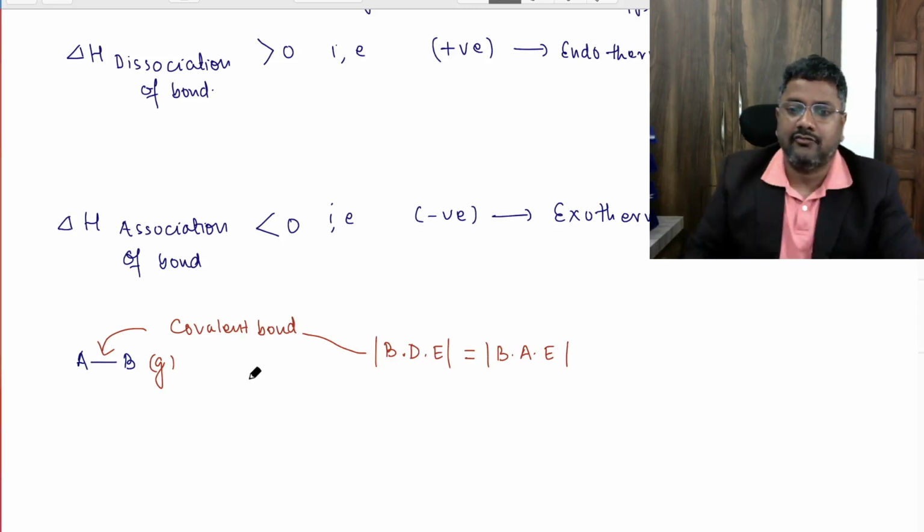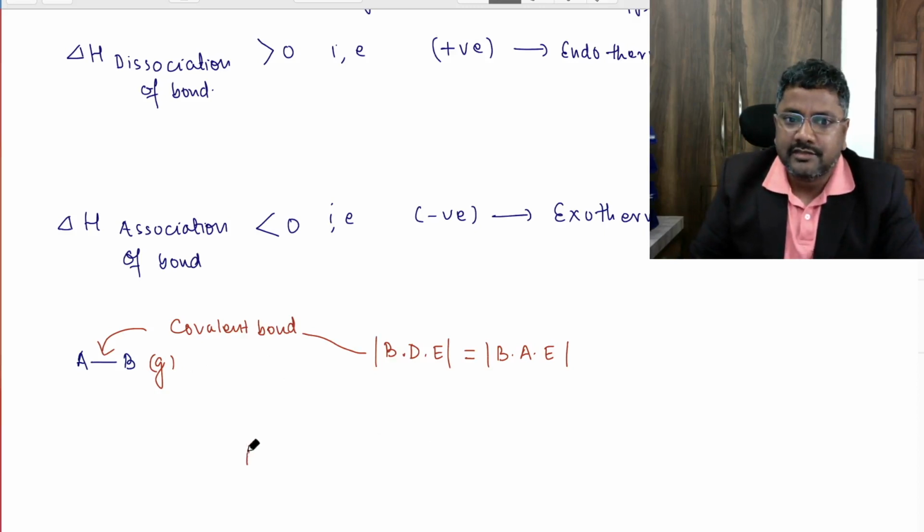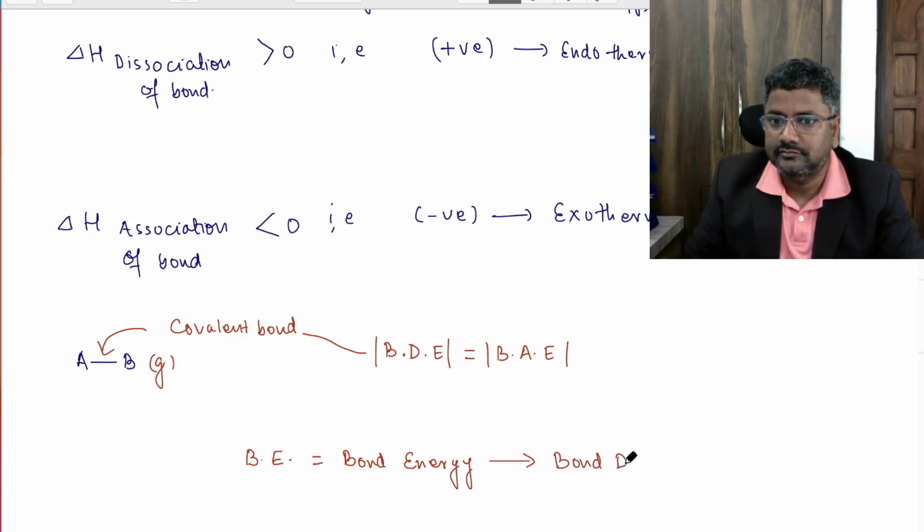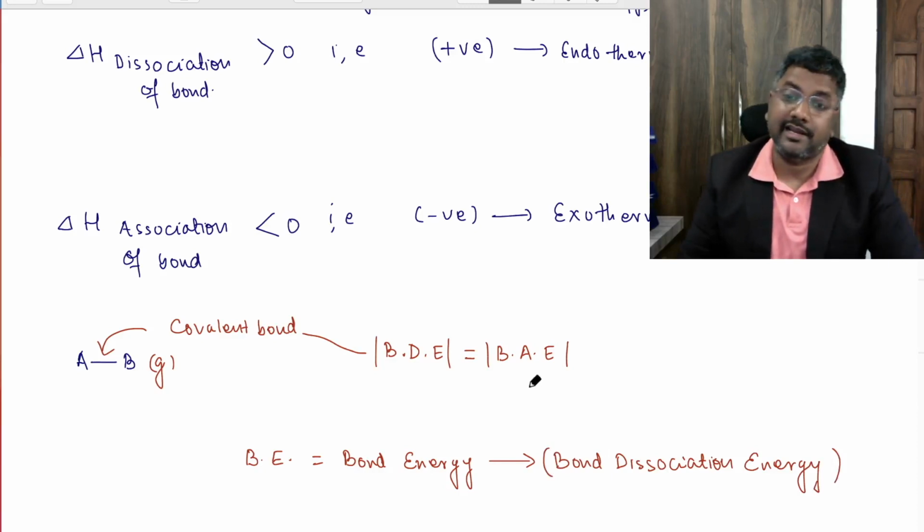And what is the meaning of bond energy? Suppose that somewhere it is given as bond energy. It is the default, always taken equal to the bond dissociation energy. So never consider bond energy as bond association energy for any given bond.